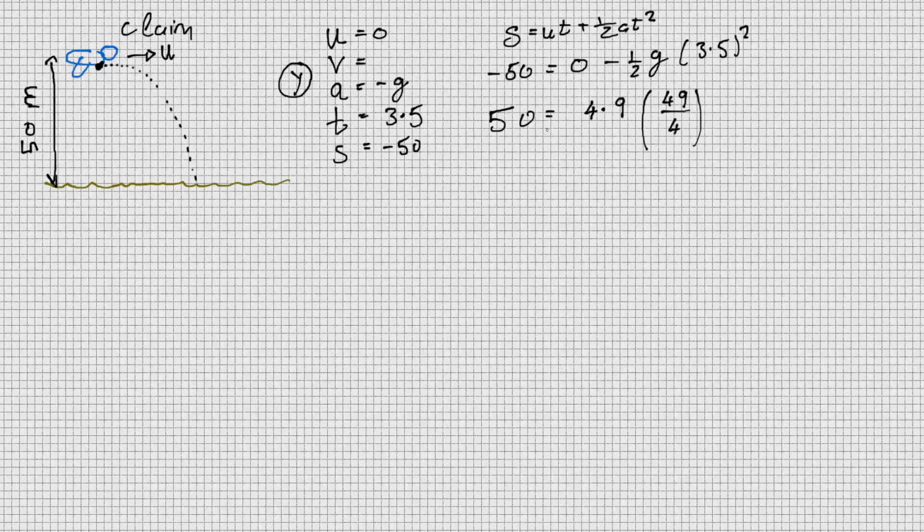Okay, so I think we can see quite clearly that the left and the right can't possibly be the same. You could hit this in on the calculator to double check, but I know this is not going to be 50. I mean, there's no way it could be 50. What have we got here?